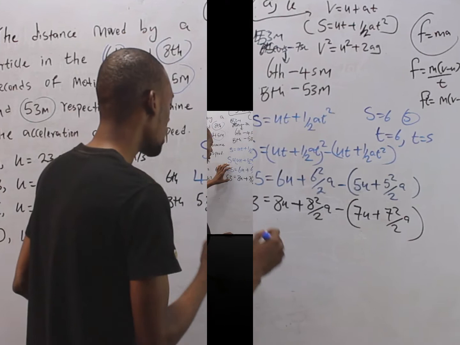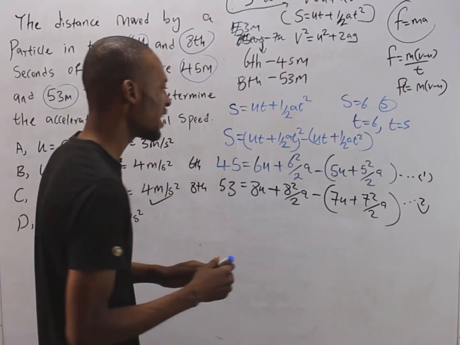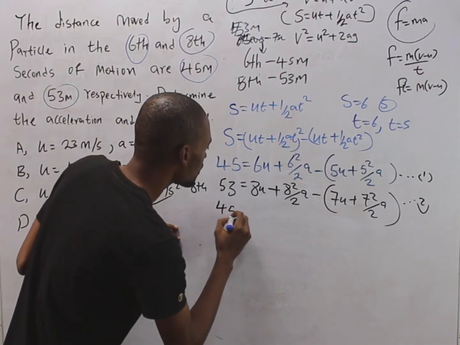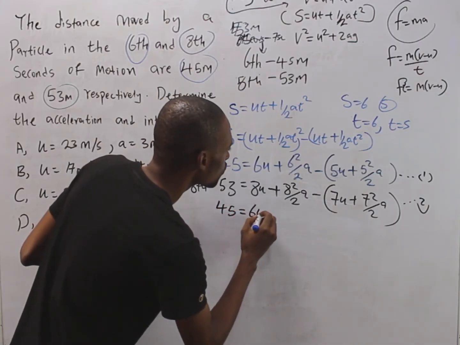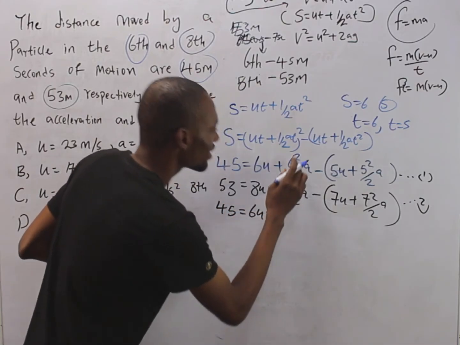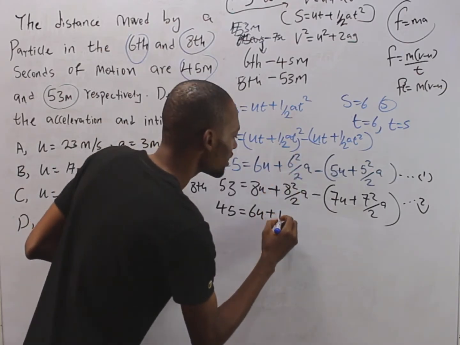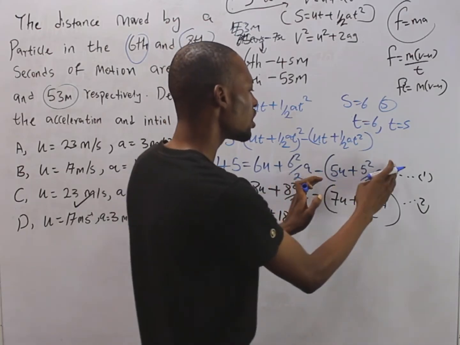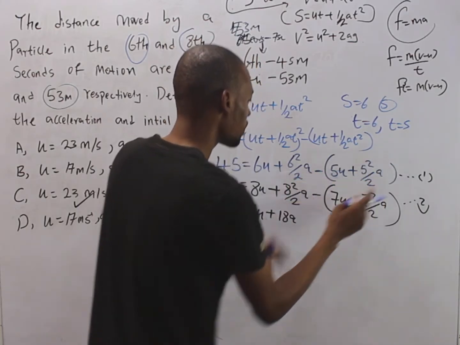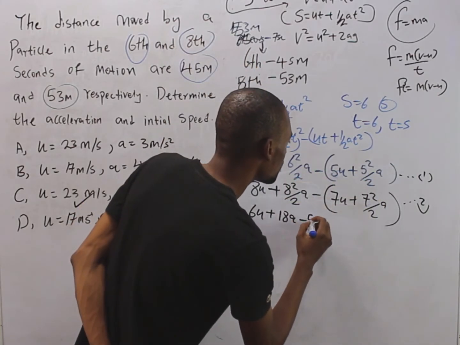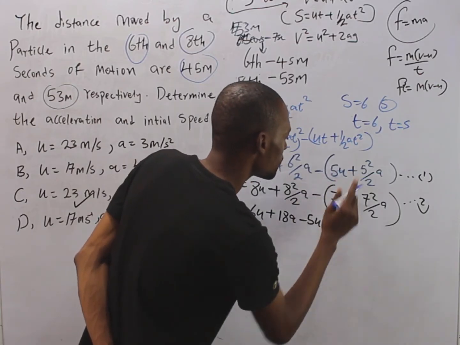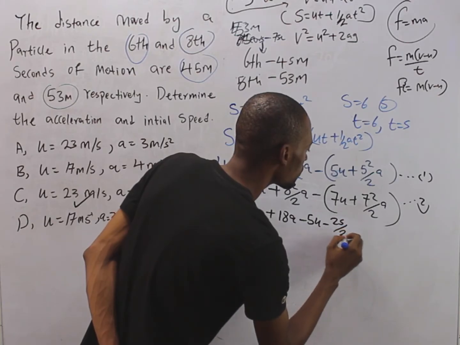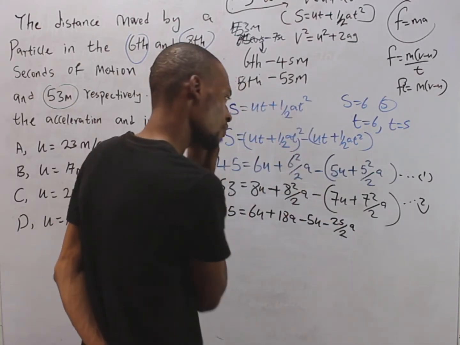Simplifying this, we'll have 45 equals 6u plus 36 divided by 2, which is 18a. We are using this minus to open up the bracket. That will give you minus 5u and minus 25 over 2a.